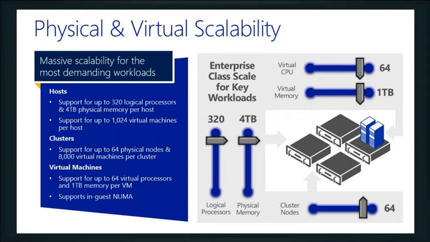I don't know how many folks are into the NUMA thing, but if you are doing high I/O workloads, you're trying to tie the memory next to those processors directly to those particular virtual machines, you can use the NUMA capabilities that a lot of the modern hardware has available to us. So that is there as well.